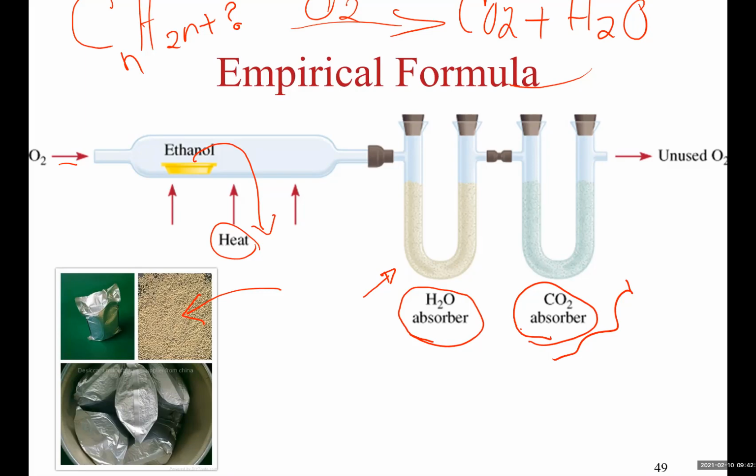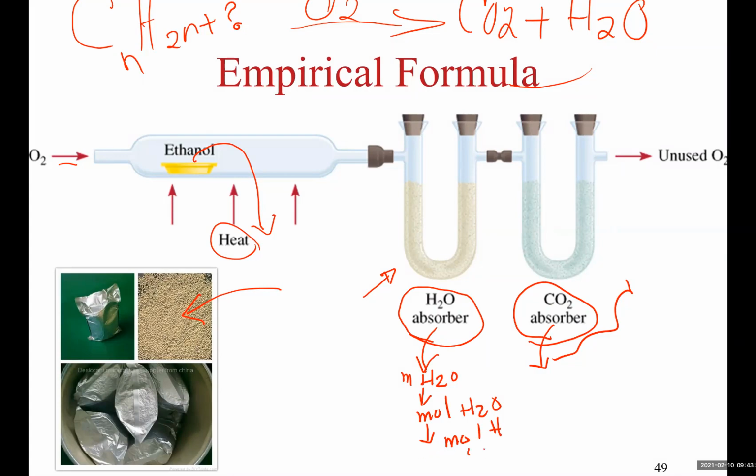Guys, by simply knowing the mass of water and the mass of CO2, I can go from mass of water to moles of water. And if I have moles of water, you can go to moles of hydrogen.